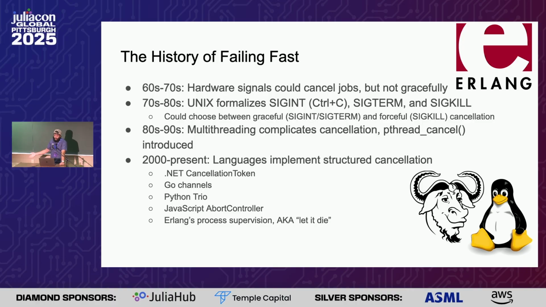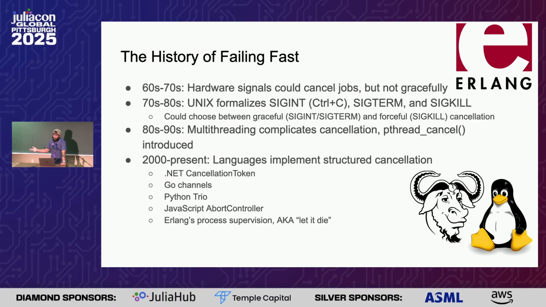Around the 80s to 90s, we started having multiple cores in our processors. This complicates things because, how do you cancel not just work on one single thread, but multiple threads and have things all work cleanly so your data isn't corrupted and weird things don't happen? In the modern era, we've started to see a proliferation of more cancellation tools. .NET has its famous cancellation token.